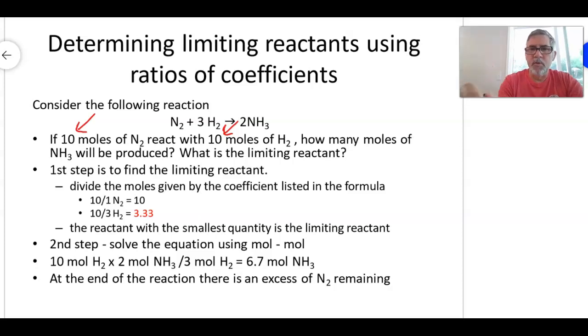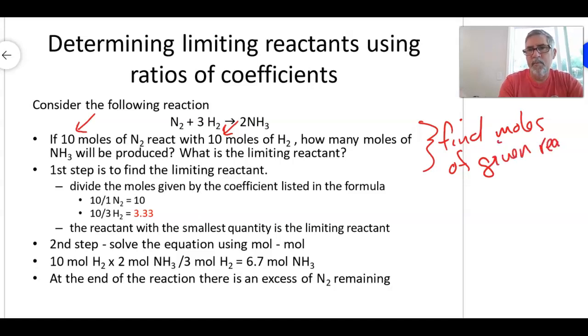All right, so here's a strategy. First, we have to find moles of the given reactants. We don't have to find the moles here because they're already given to us.